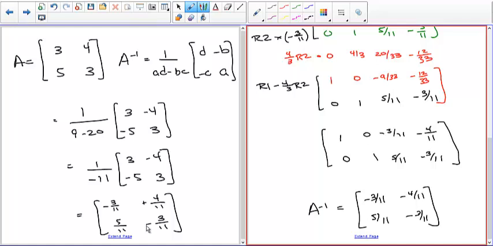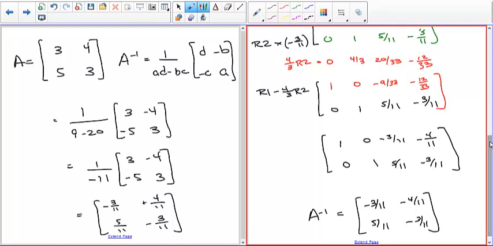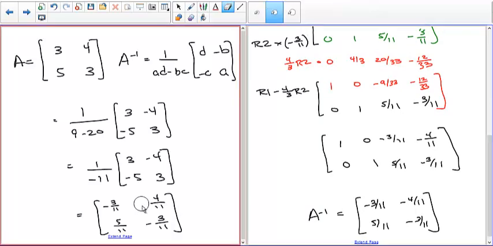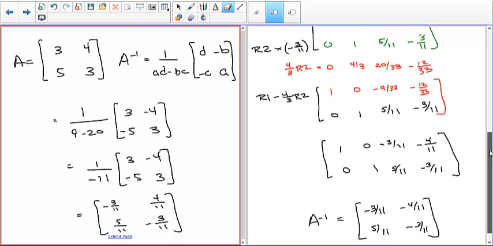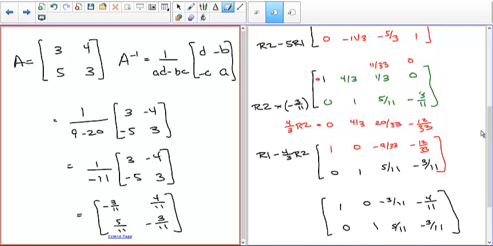I got a sign wrong here. What did I do? Oh, there's a sign error down here. So that's where I went wrong.